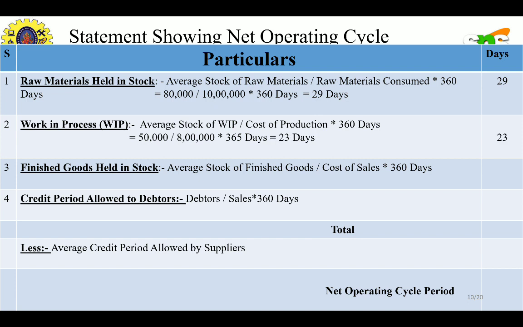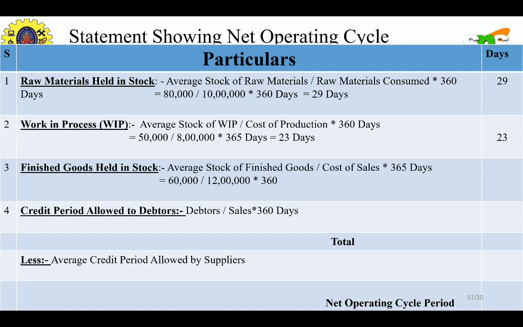Finally we get 23 days. The next one is finished goods held in stock: average stock of finished goods divided by cost of sales into 360 days. Average stock of finished goods is 60,000 divided by cost of sales, 12 lakhs, into 360 days. Finally we get 18 days.